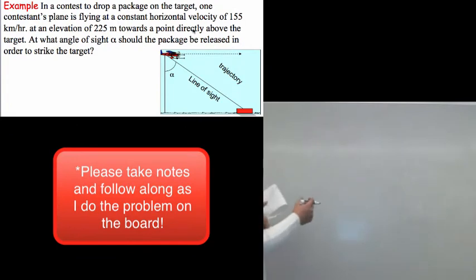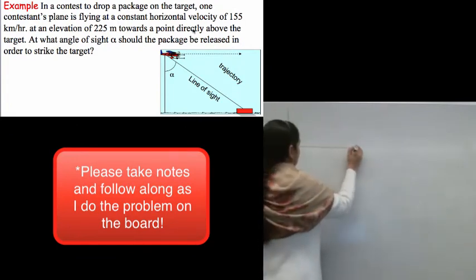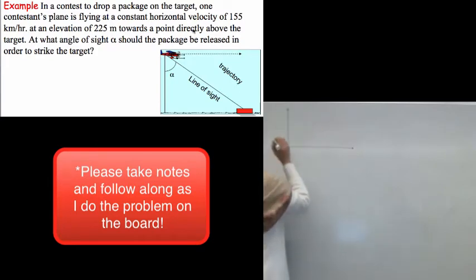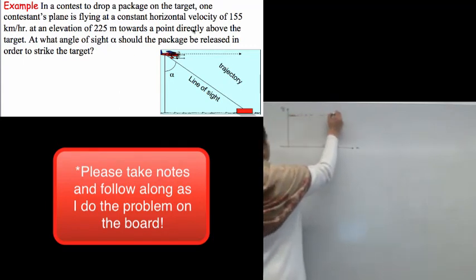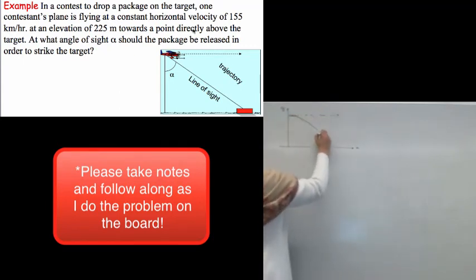So let's draw a picture for this problem. That's going to be my x coordinate, and that's going to be my y coordinate. Here's where my plane is, here is the object that it has to hit, and the plane is flying this way, and it has to go like this in order to hit it.